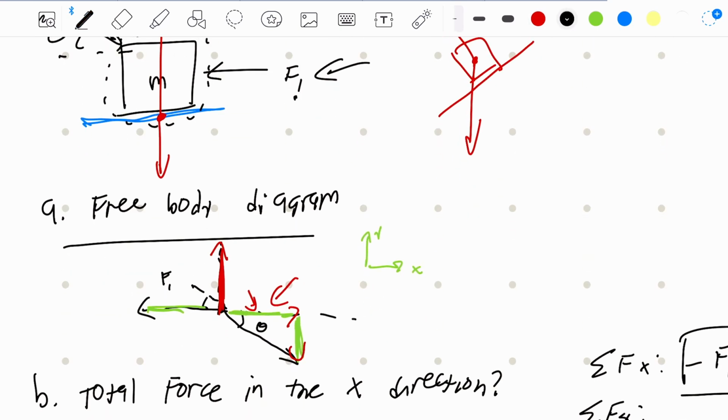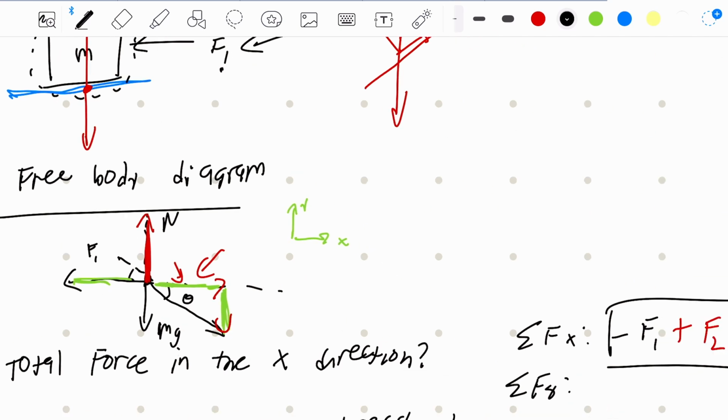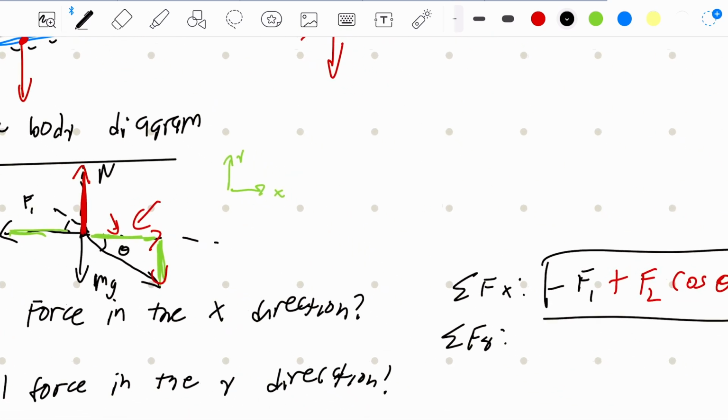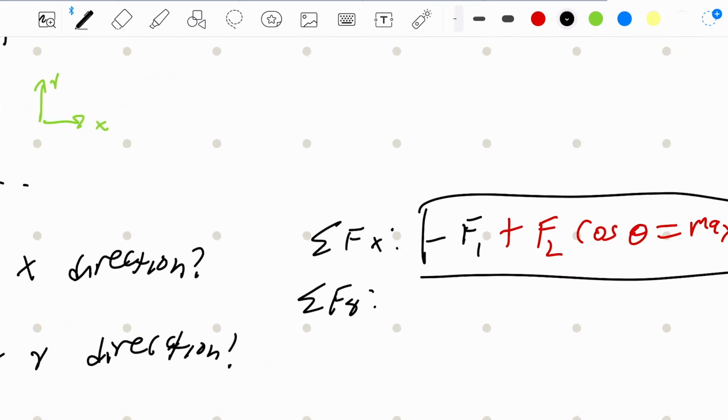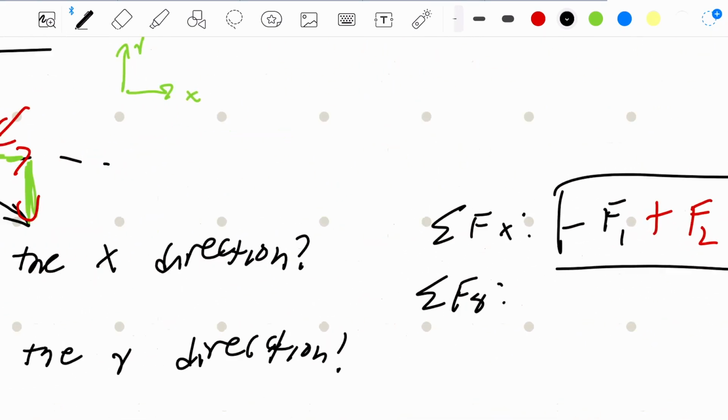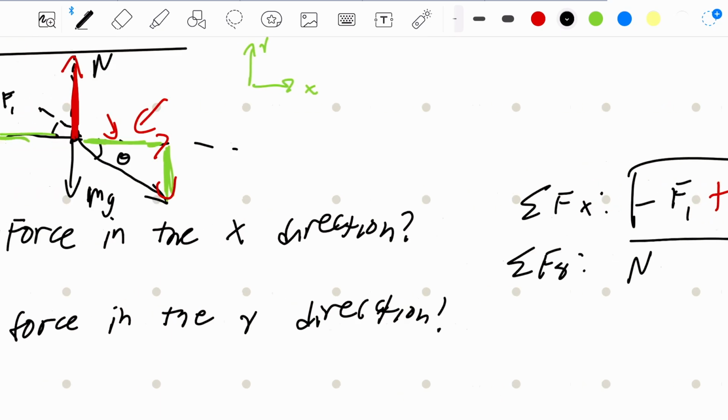So we have our normal force going that way, and we have our gravitational, or force of gravity, which we can just label as mass times gravity, right? Because we said it's ma. In this case, it would just be mg going in the y direction. So, in the x direction, we're good. Let's write it for the y direction now. So, in the y direction, we have N going up, right, because this is positive.